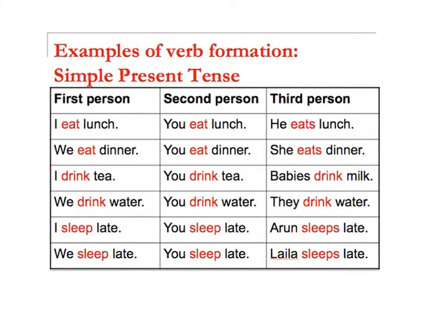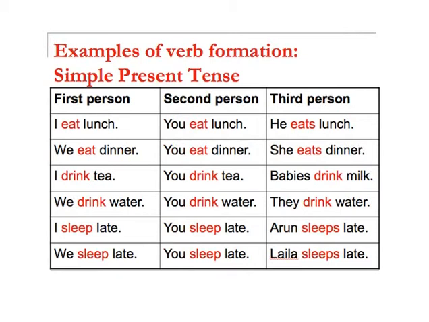First example, I eat lunch. I, first person, followed by the verb eat. Lunch is your object. If I need to say the same thing for a second person, it becomes you eat lunch. I eat, you eat, he eats. With the third person, you add an S to the verb.